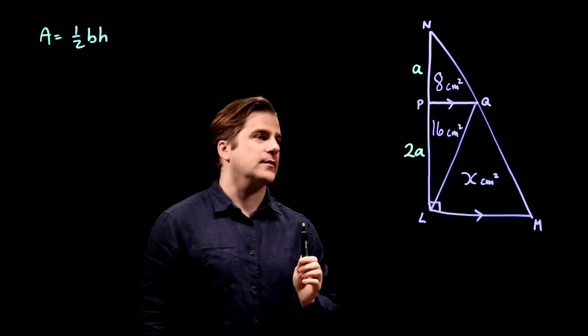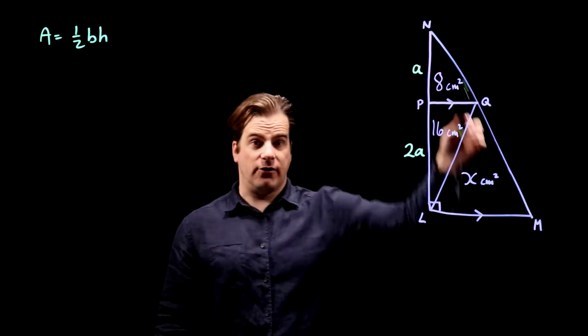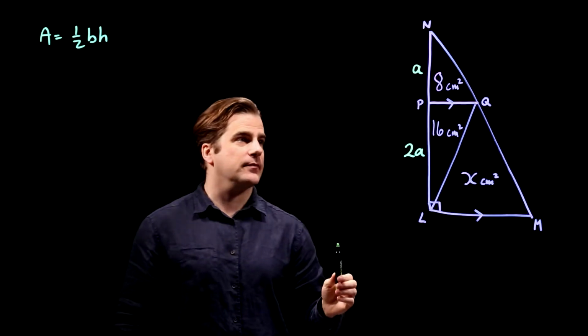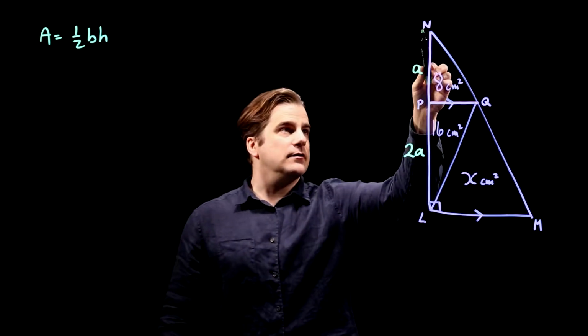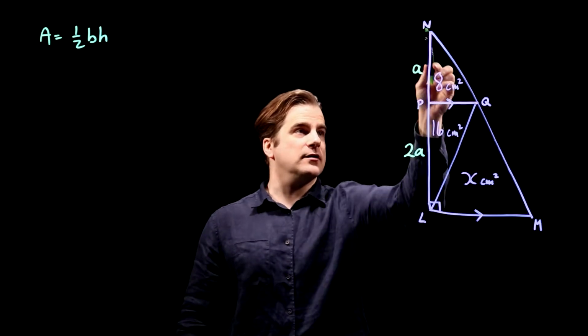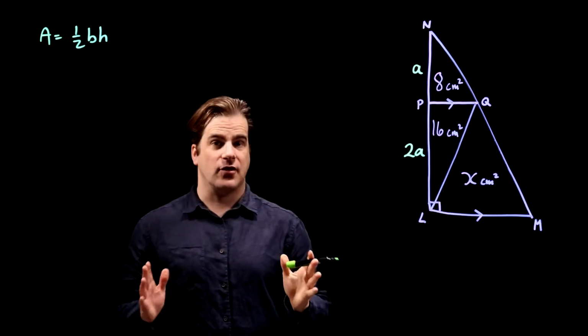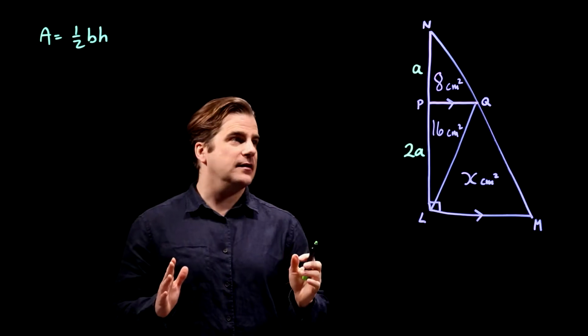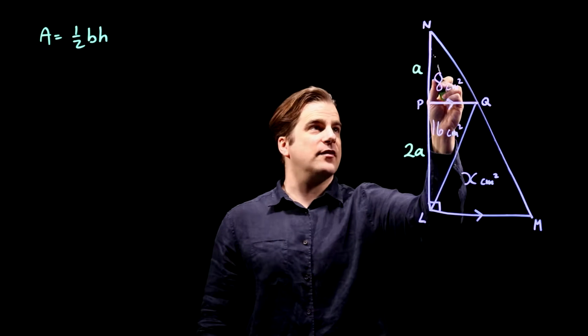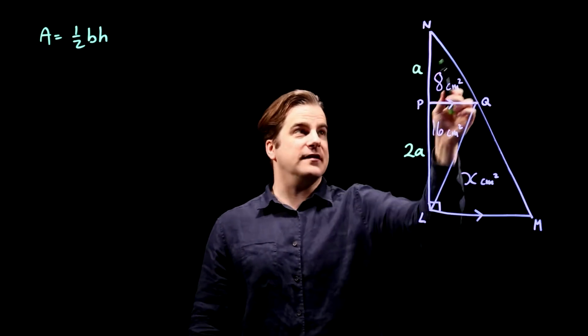Now we look at the whole thing. Triangle NLM, the whole thing, and NPQ, this small triangle, are similar triangles. That means the angles are the same. So that angle is the same as the whole thing's angle.